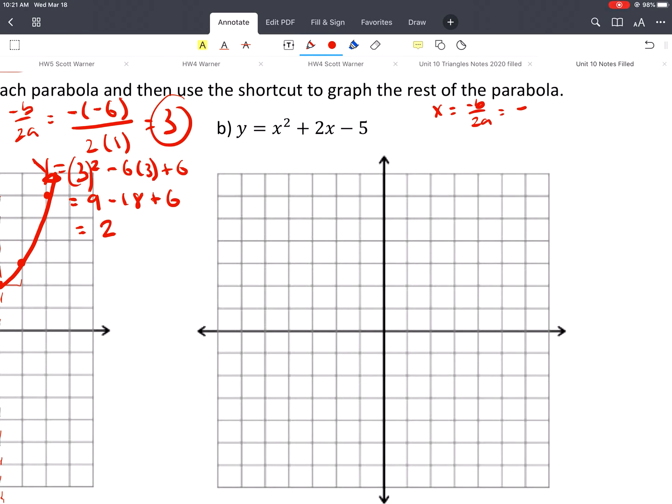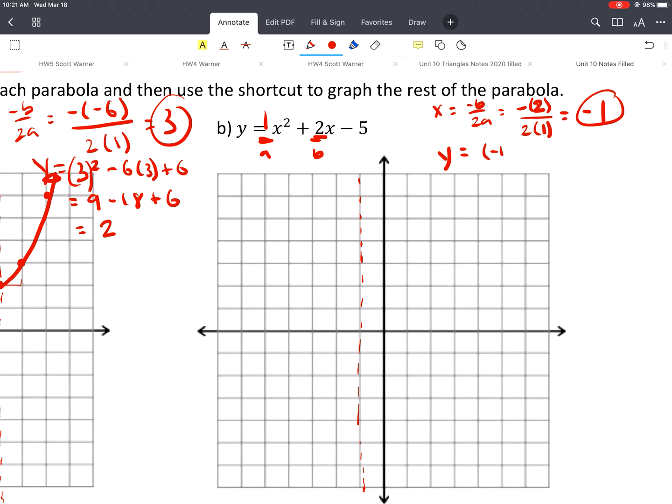gives us, b is 2, so here's b, a is 1, so negative 2 over 2 times 1, that ends up giving you negative 1. So our axis of symmetry in this situation is negative 1, and then to find the y for our vertex, we will plug negative 1 into it.